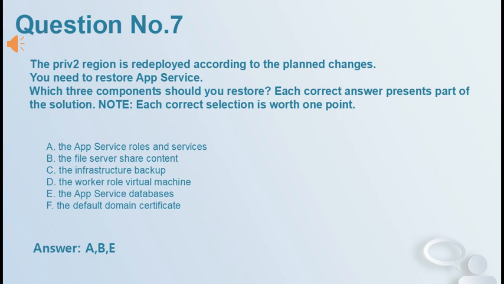B. The file server share content. C. The infrastructure backup. D. The worker role virtual machine. E. The App Service databases. F. The default domain certificate. Answer: A, B, E.